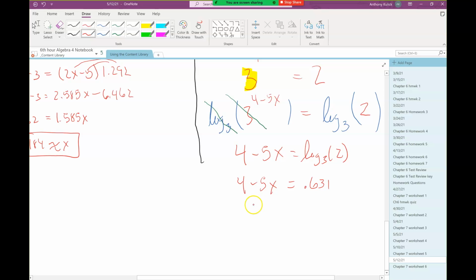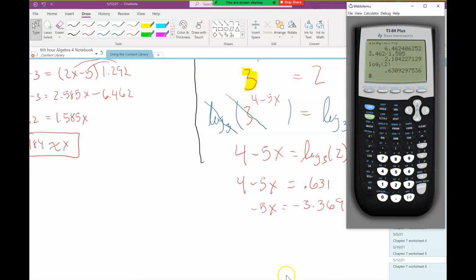Then we can subtract 4 from both sides, and then divide by -5. And that'll give us 0.674.